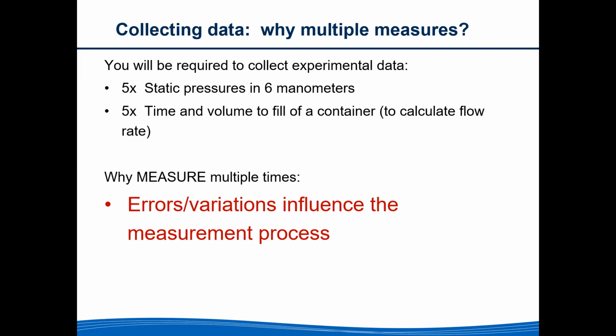When we do scientific experiments, we always have to repeat our measurements. One measurement is not a measurement, okay? We measure multiple times because errors and variations influence the measurement process. Hence, we repeat the measurement.